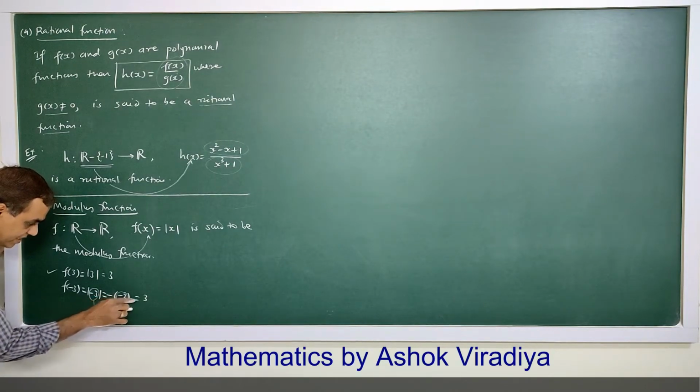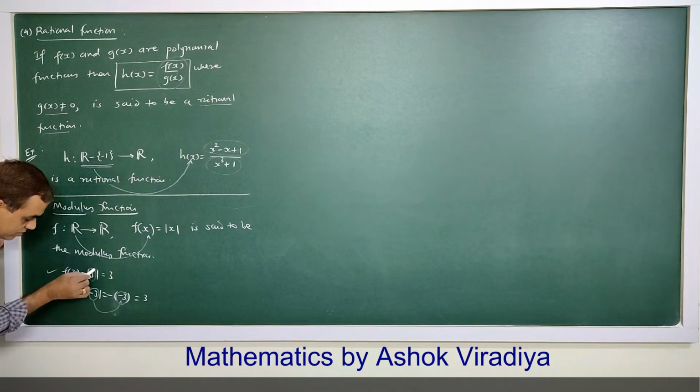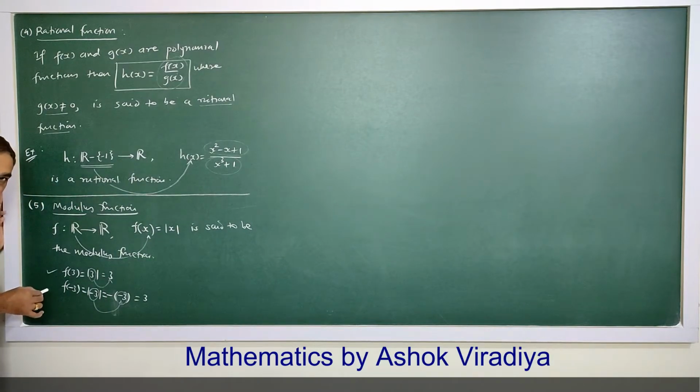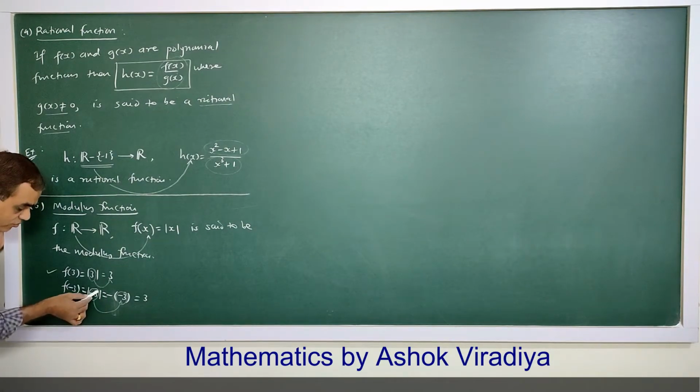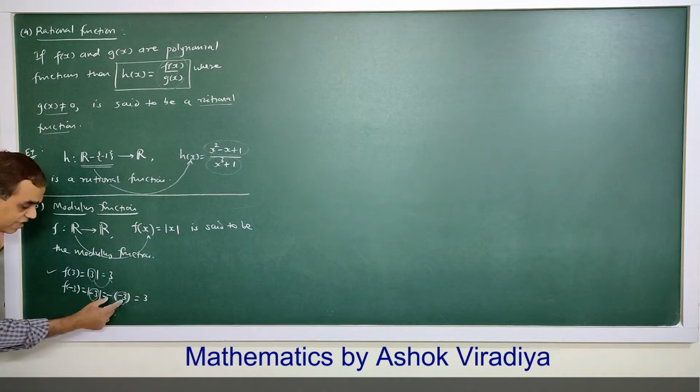So minus minus becomes plus. So see here, this is positive. If the number is positive, modulus keeps it as it is. If the number is negative, modulus assigns one extra minus before that number. So finally the value is positive.